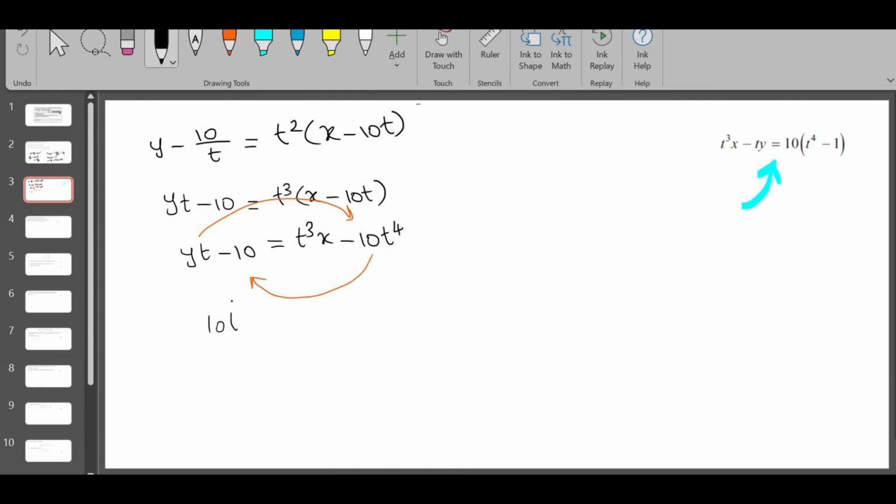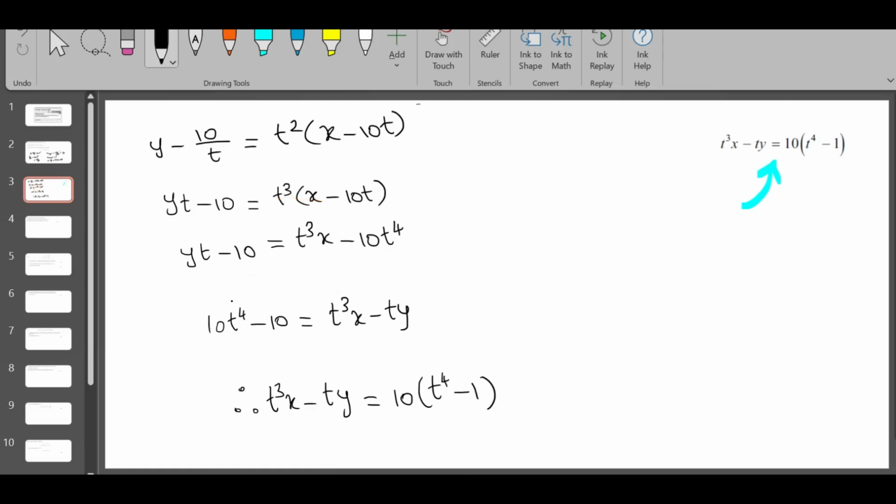You'll get 10t power 4 minus 10 is t cube x minus ty. Therefore, t cube x minus ty is, take 10 as a common factor. And we got the answer already. That's all. So it's a 4-mark question.